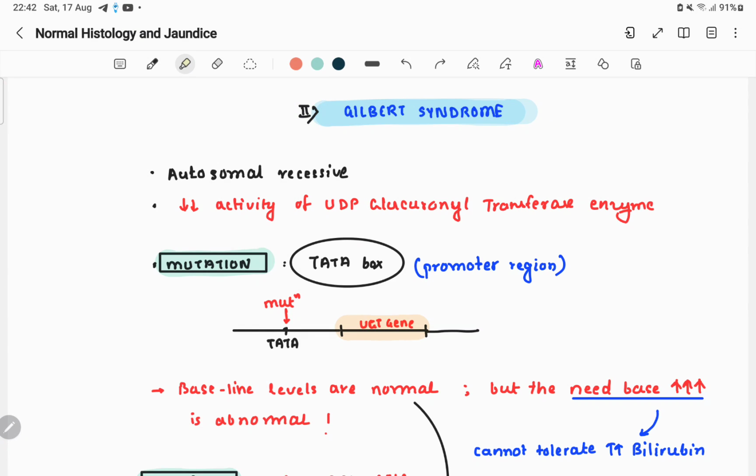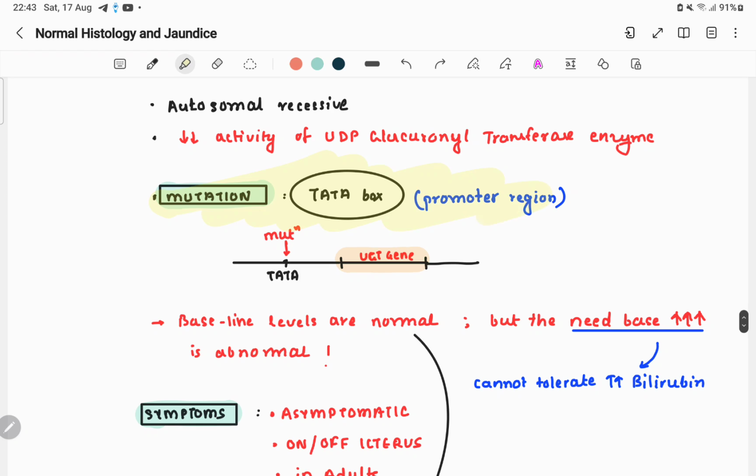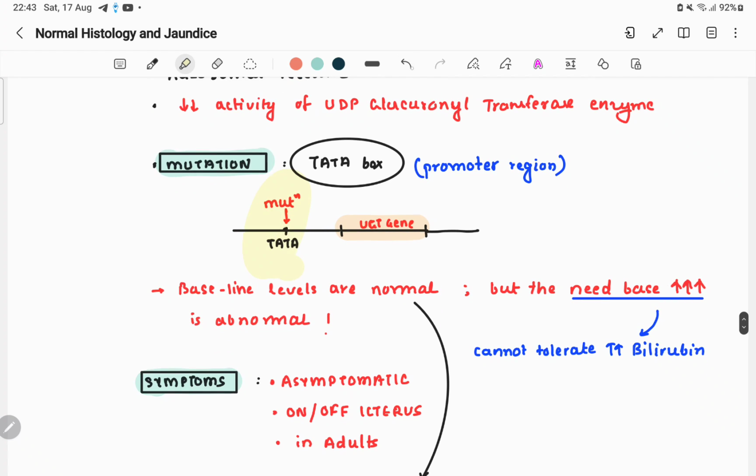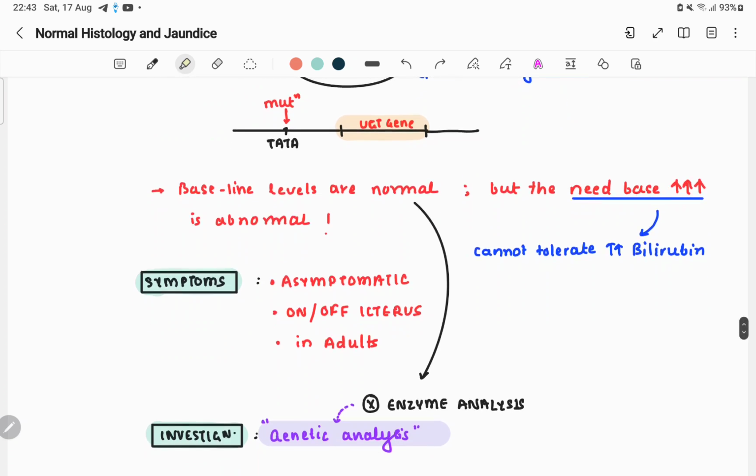In Gilbert syndrome, it is an autosomal recessive disorder, and there is a decreased activity of the UDP glucuronosyltransferase enzyme again. The mutation is occurring in the TATA box, the promoter region of the UGT gene. You know about the TATA box in molecular biology. Due to this mutation and decreased activity of UGT, the person cannot tolerate an increased level of bilirubin.